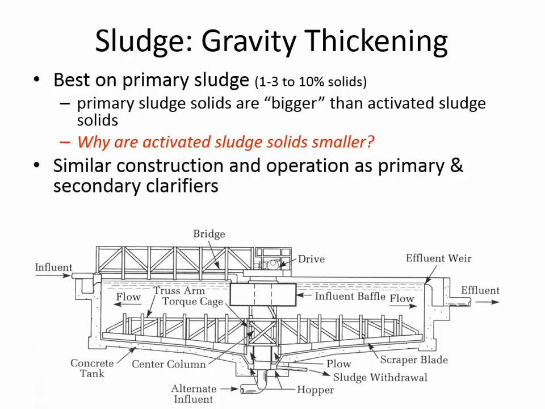So let me illustrate, let me think of a way. If we have a cup, and let's say that we have a little bit of solids and a little bit of water. All right. So what we want to do, right now, let's just say, for instance, this is 1% solid, 99% water.